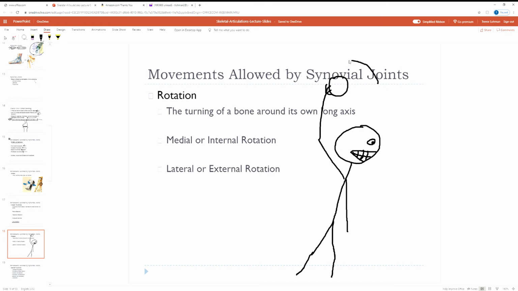So when you wind up, you're rotating your humerus, right? You're rotating your shoulders. You wind up, or picture throwing a football or something. That's external rotation. And then as you throw it and turn the head of your humerus medially, that's internal rotation. So your hip does this as well. Picture sitting cross-legged.